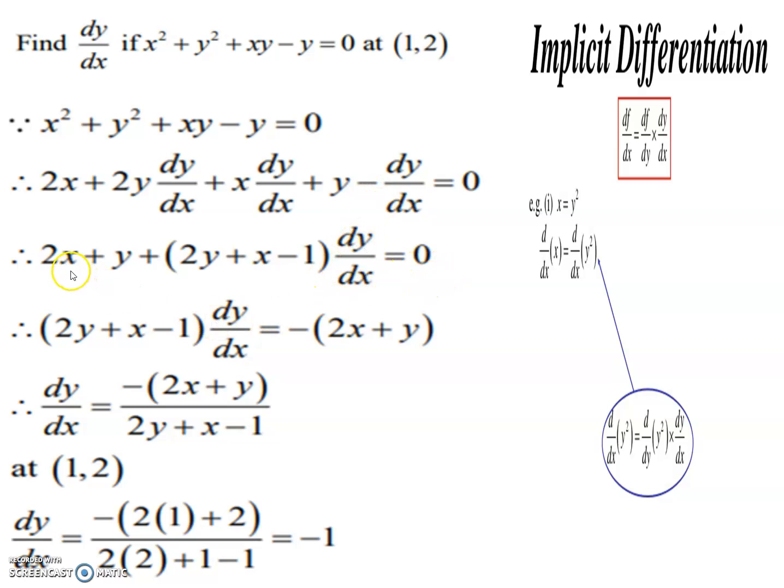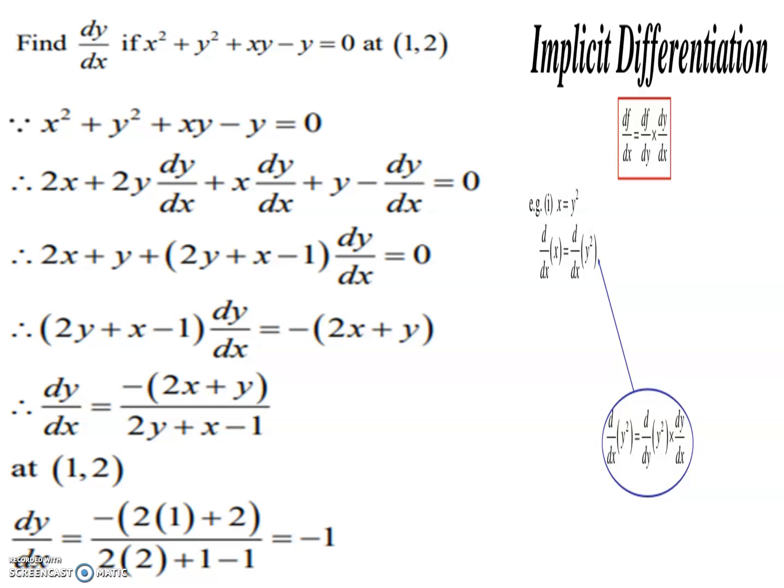Now the equating part starts. 2x plus y goes this side, sign will be changed, minus 2x plus y. We take the minus sign common, 2x plus y. Now 2y plus x minus 1 remains the same. It is a multiplication, goes this side, it goes to division. So dy by dx is equal to minus 2x plus y upon 2y plus x minus 1.